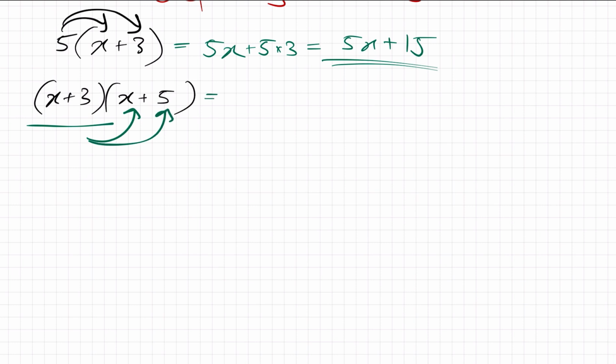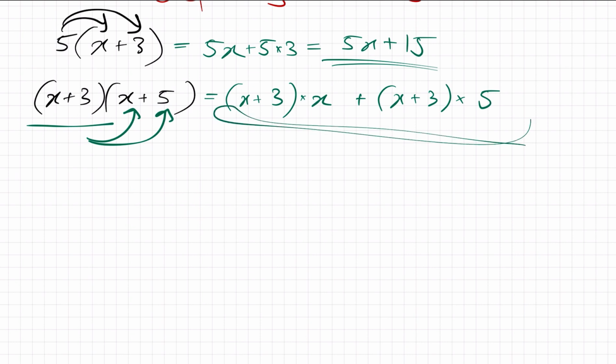So this is going to come out to become x plus 3 multiplied by x, plus x plus 3 multiplied by 5. And then from here, we use the same kinds of techniques. So we can then just expand this out normally by multiplying each term by the outside bit.